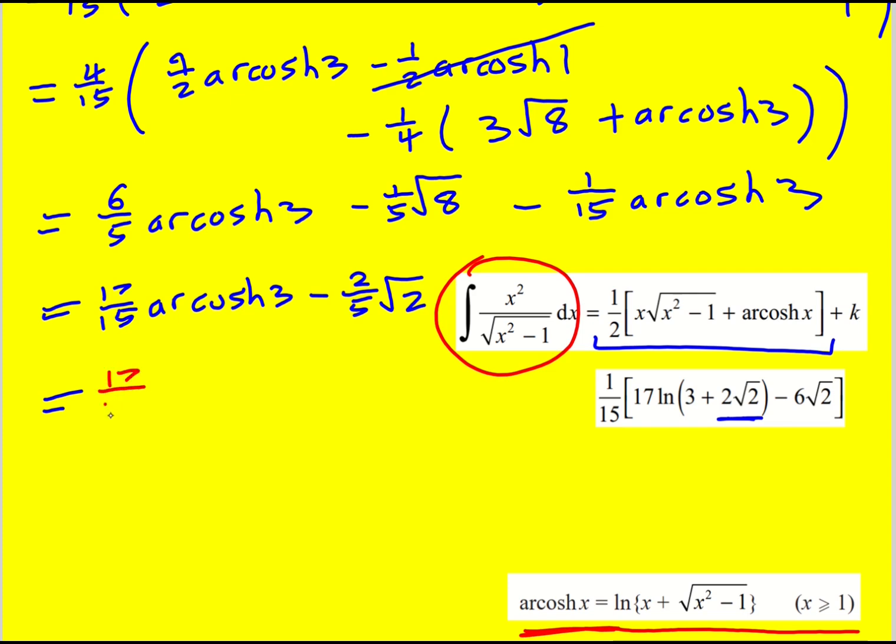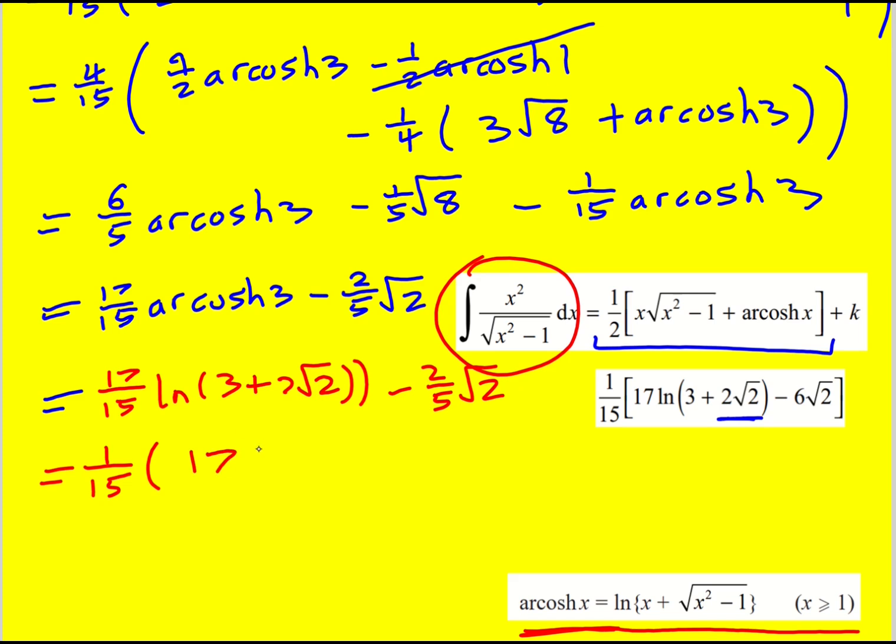And I'm going to get 17 over 15 ln of 3 plus root 8, or 2 root 2, minus 2 over 5 root 2. Let's factorize out a 1 over 15. Then I'm going to get 17 ln of 3 plus 2 root 2. And in the process of factorizing out the 1 over 15, I'm going to need to times this through by 15, and it will give us minus 6 root 2. And we've got there.